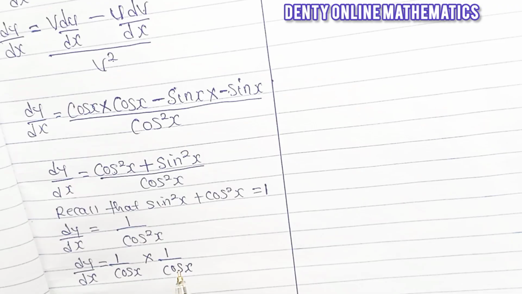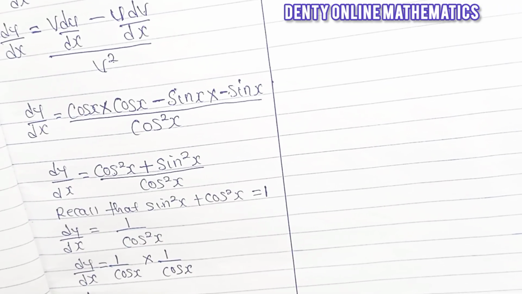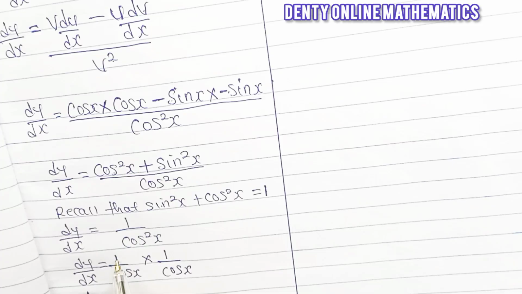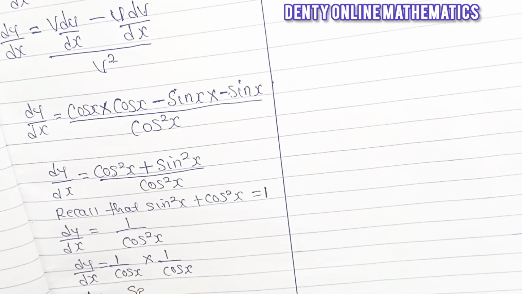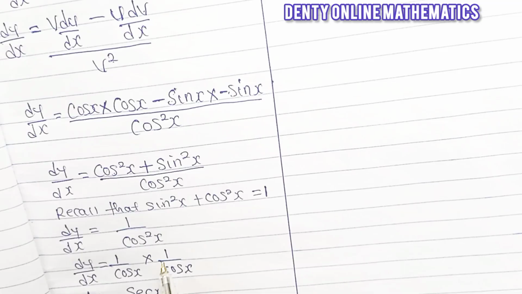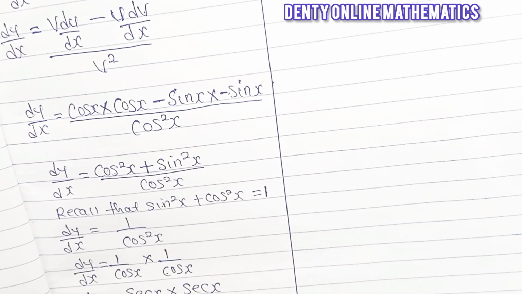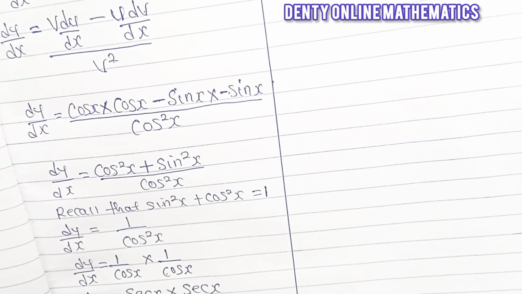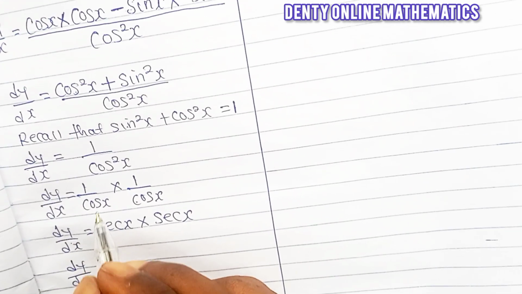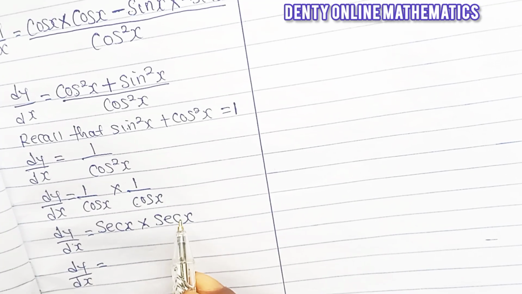Now our dy over dx will be equal to 1 over cos x times 1 over cos x. Now 1 over cos x is sec x, and times 1 over cos x also will be sec x. Now our dy over dx will be sec x times sec x.